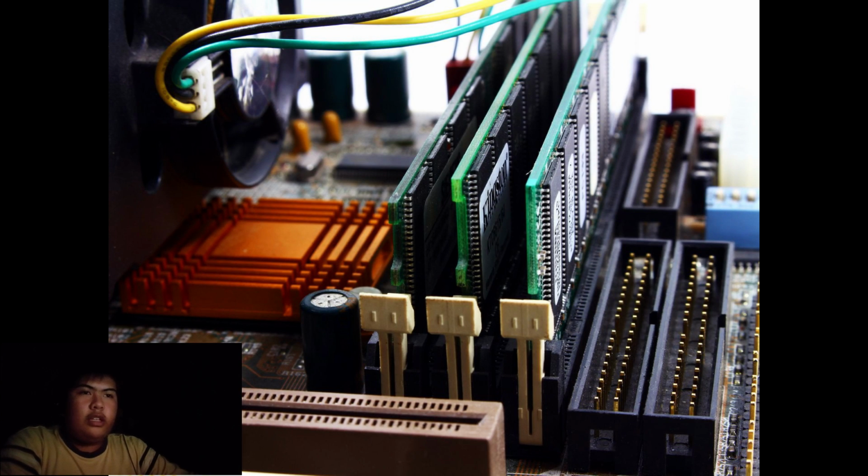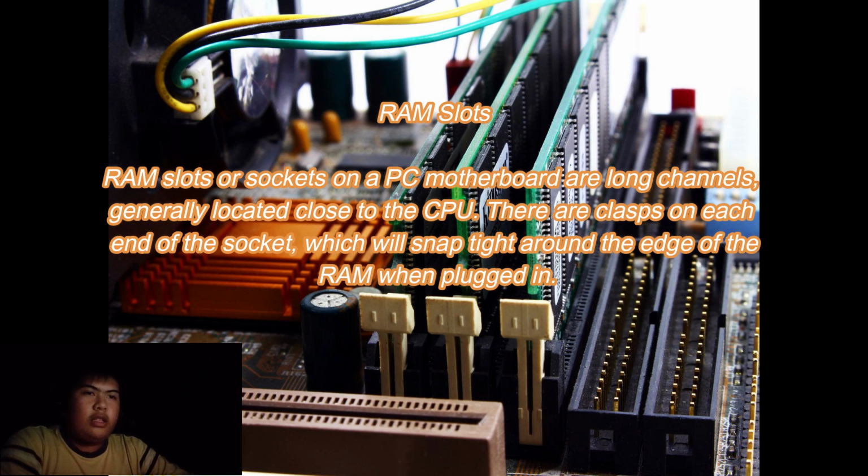So, RAM slot. RAM slots or sockets on a PC motherboard are long channels generally located close to the CPU. There are clasps on each end of the socket which will snap tight around the edge of the RAM when plugged in.